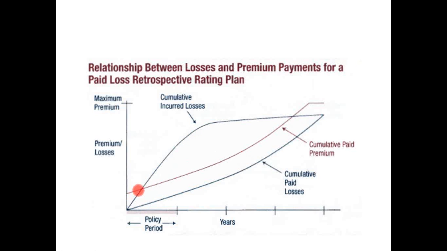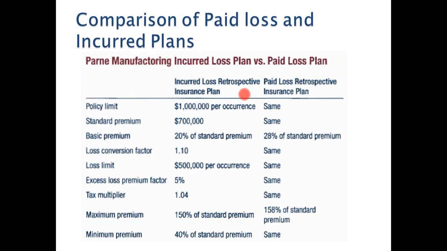You're saying, well, why isn't it the same line? Because I still had to pay my basic premium, my deposit premium. I had to pay at least that $140,000 in the beginning. And now I'm just paying as each payment is made, I keep on paying that amount until at some point I may plateau if I did reach my maximum premium. So those are the two examples of how they would basically interact.